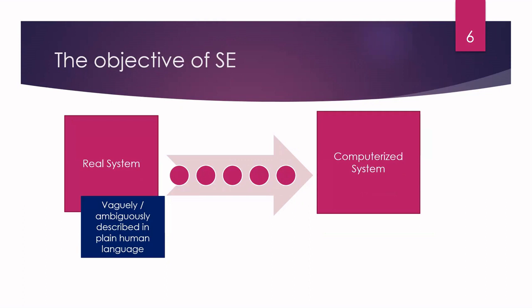If you plug in different meanings for the different words, you get a different meaning from the sentence altogether, right? So that's the problem with human language. The description of the problem is vague and ambiguous and can be understood in different ways, and that's actually pretty much the main reason most software systems used to fail.